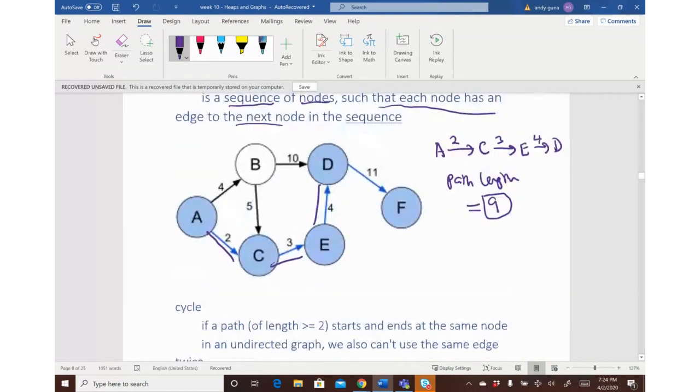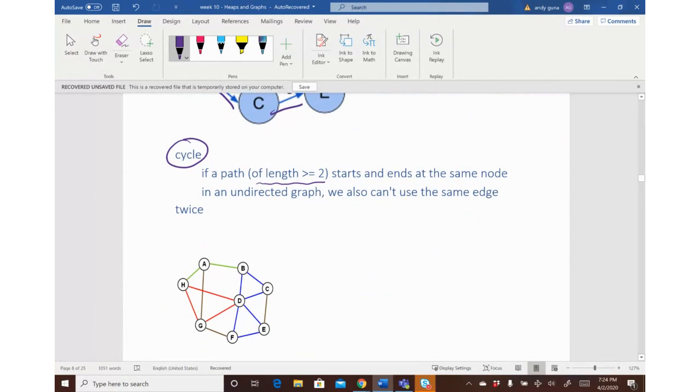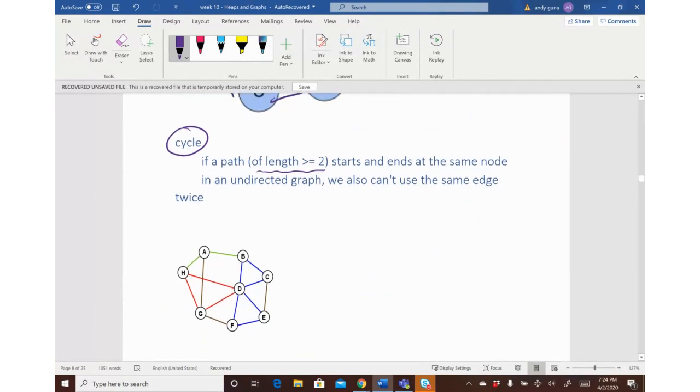Okay, we call something a cycle if it's a path of length greater than or equal to 2 that starts and ends in the same place. You can have paths in directed graphs, or you can have paths in undirected graphs. I mean, cycles.